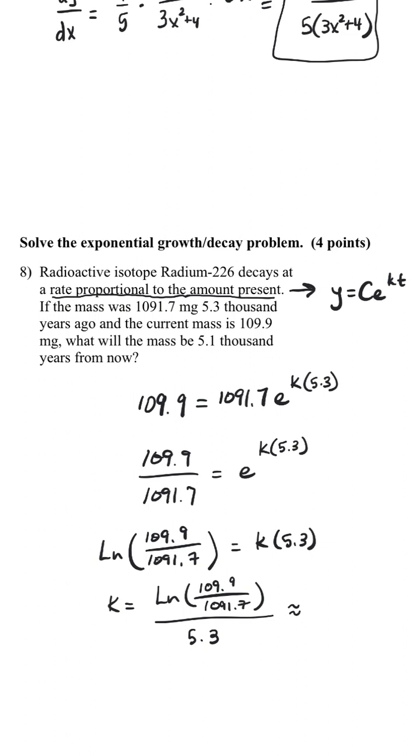we can get an estimate for k at around negative 0.43319. Now, it's up to you as a student if you want to use the exact form of k or an approximate form in the formula.